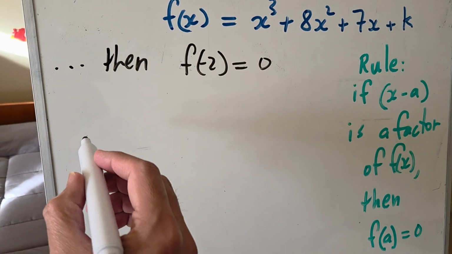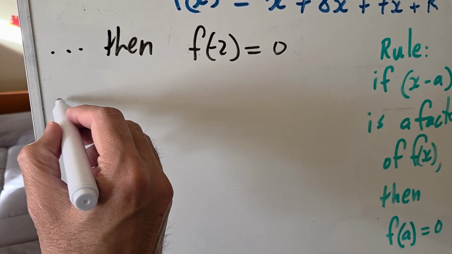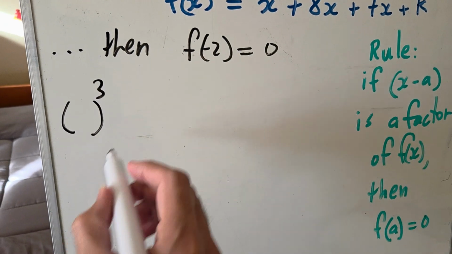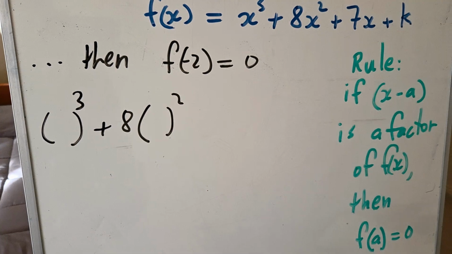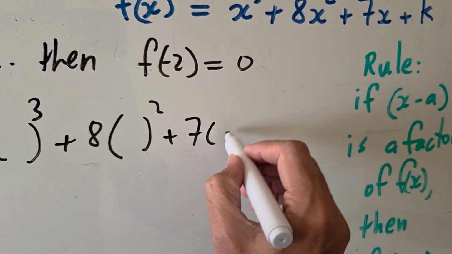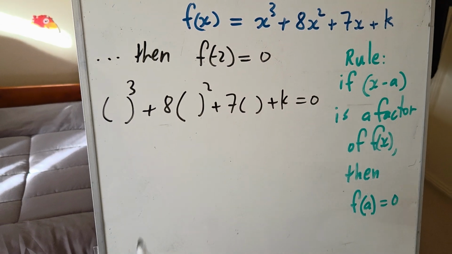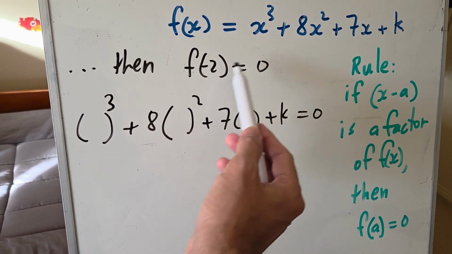So in the function, x to the power of 3 plus 8 multiplied by x squared plus 7 multiplied by x plus k would be equal to 0. When you substitute the x with negative 2, f of negative 2 should be equal to 0.